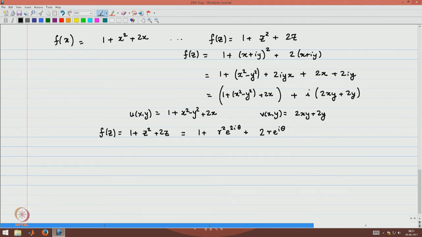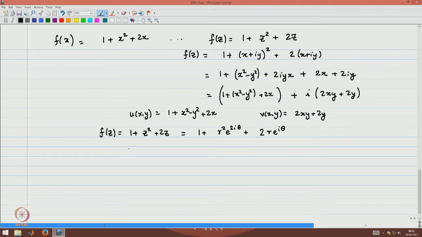Now what we can see is that we cannot directly write this in polar coordinates. So, we can go to writing it in terms of u and v, and then writing it in terms of polar coordinates. So, it is not straightforward to write this whole thing in terms of polar coordinates. So, what we do is we go back to u and v, and then write it.